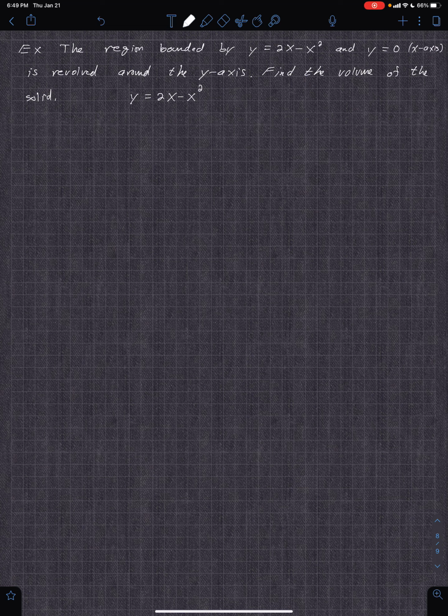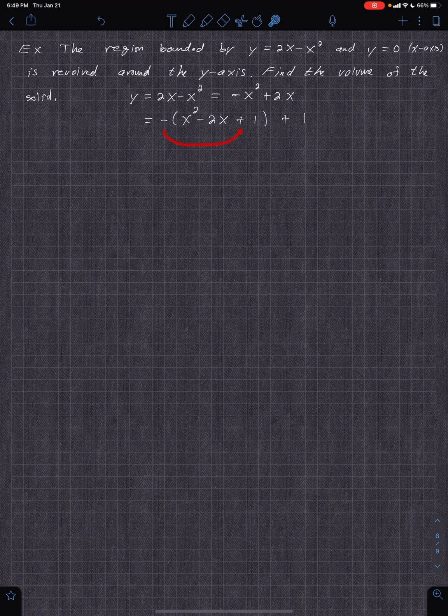To do that, we want to complete the square and put it in the form x minus h squared plus k, because it's a quadratic. So let's rearrange it to negative x squared plus 2x, and then factor out the negative. We get x squared minus 2x. Then we take half of that and square it, which is plus 1.